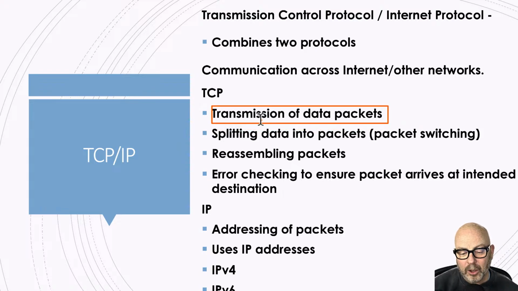If you are sending any data across the internet, rather than being sent in one big chunk, it's actually split up into packets, little tiny packets of data. And these packets have headers which say what they contain, and they're given a packet number. So, for example, if you're sending an image, it might be split into 100 packets.